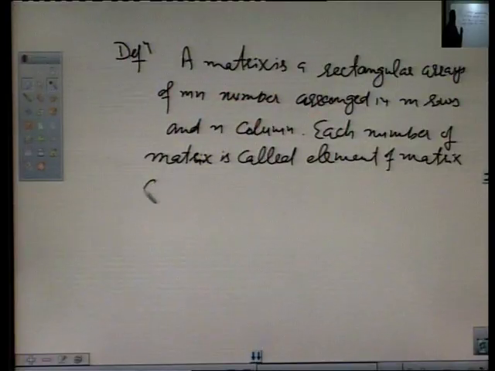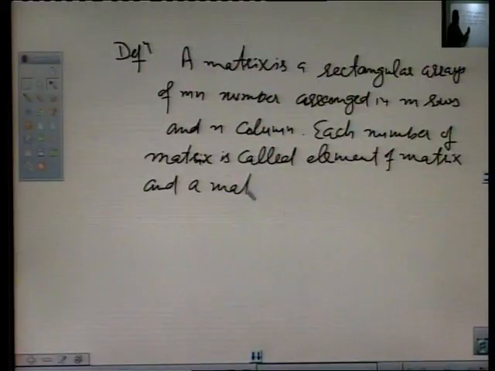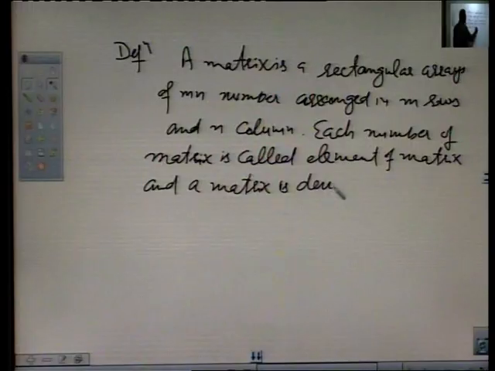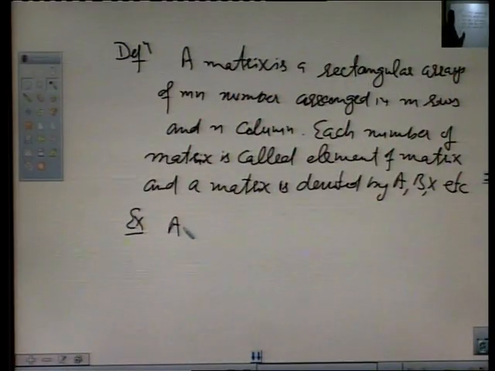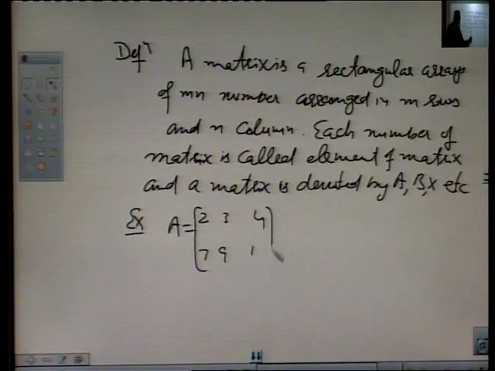A matrix is denoted by capital letters A, B, X, etc. For example, matrix A, 2, 3, 4, 7, 9 and 1 is a 2 cross 3 matrix.